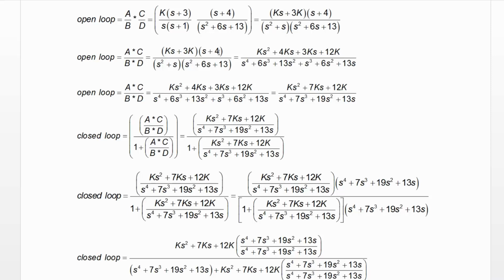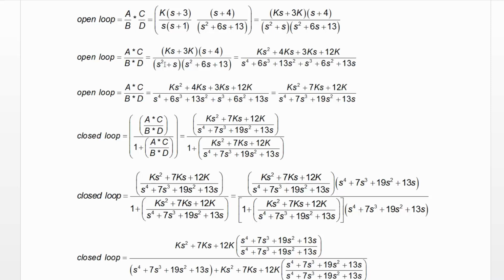So we multiply these together. You take KS times S, and you get KS squared, and then you take KS times 4, and you get 4KS. Then you go plus 3K times S is 3KS, and then 3K times 4 is 12K.